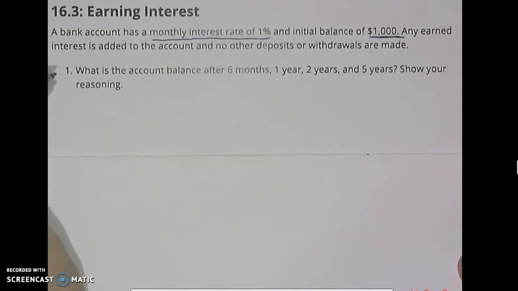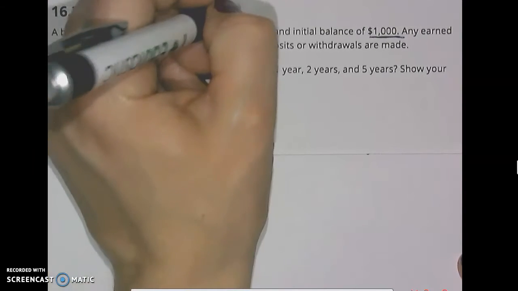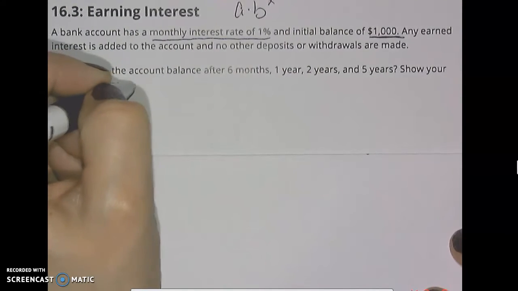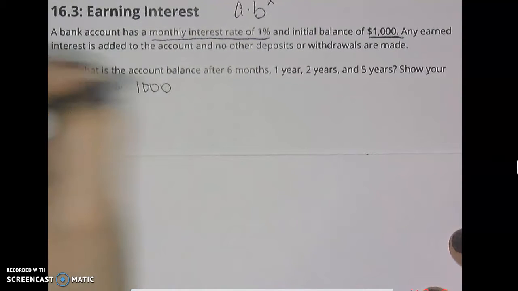The balance after 6 months, 1 year, 2 years, and 5 years. Remember, we always have A times B to the X power. So our starting amount is 1,000. If our interest rate is 1%, then we have to do 1 plus 0.01.